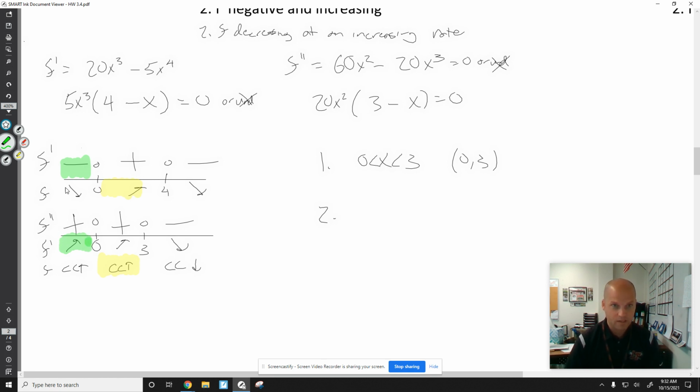Or f is decreasing at an increasing rate. So negative infinity to 0. Just making sure, decreasing, this would be decreasing at a decreasing rate, or this would be f prime is negative and decreasing. Negative infinity to 0, so x is less than 0, or negative infinity to 0.